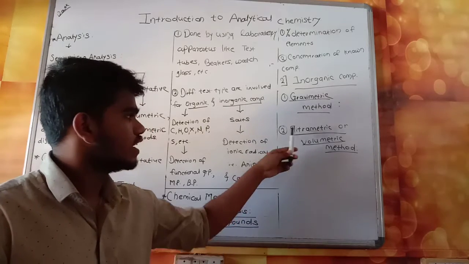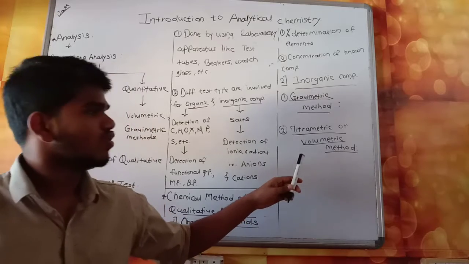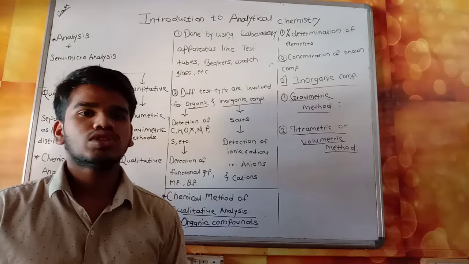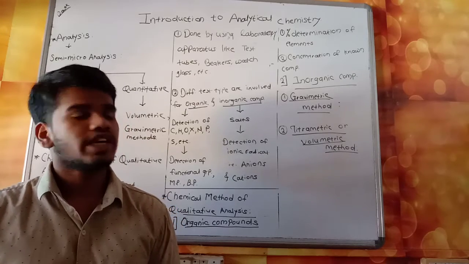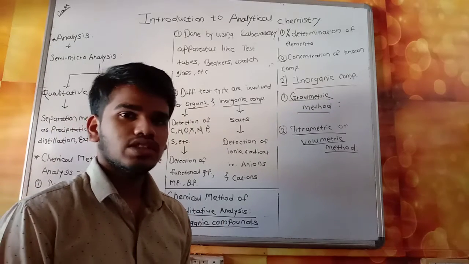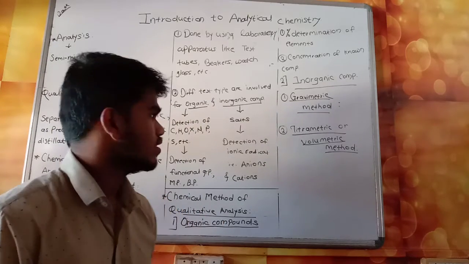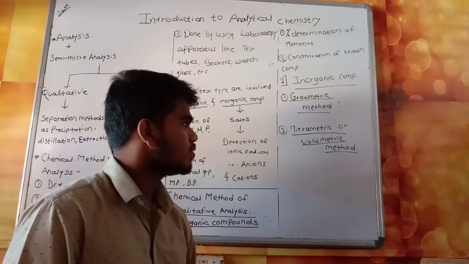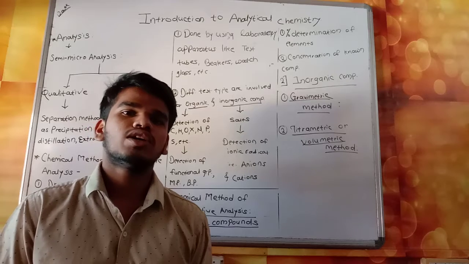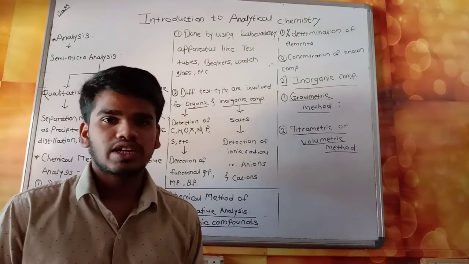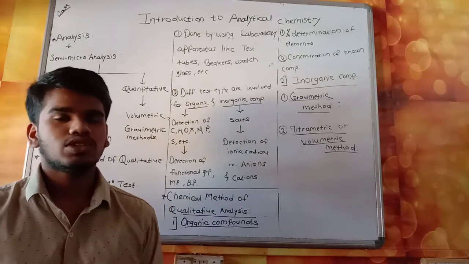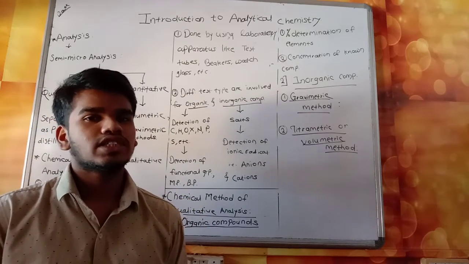And the titrometric or volumetric method involves the detection of how much of a certain solution or chemical is needed to complete the reaction, in cubic centimeters, more precisely ml. So in the titrometric method, titration is carried out. In this method a reaction takes place: two solutions are mixed and a certain reaction occurs.